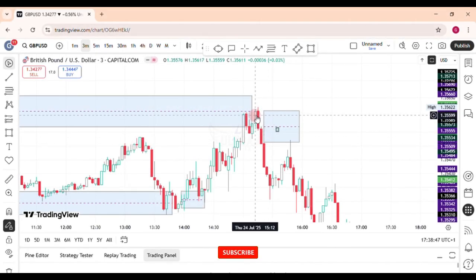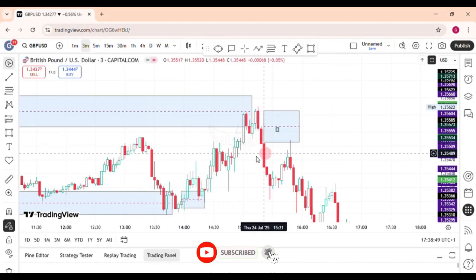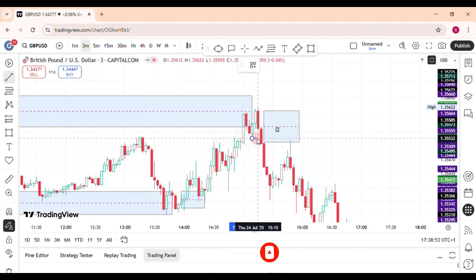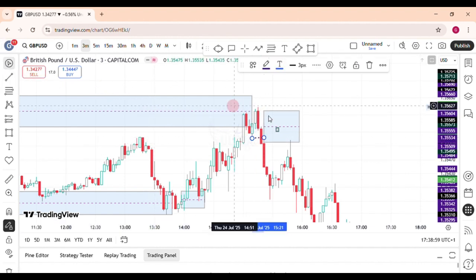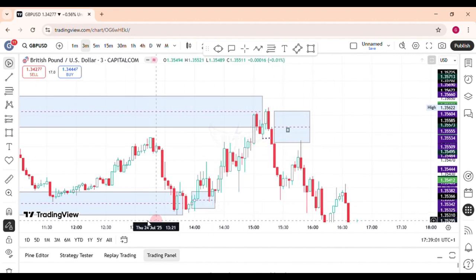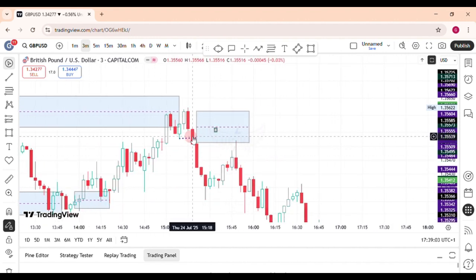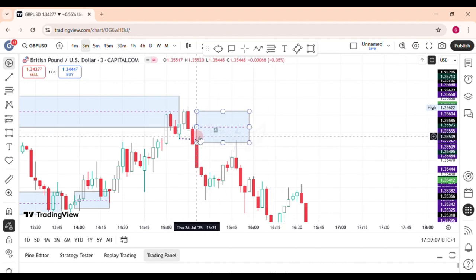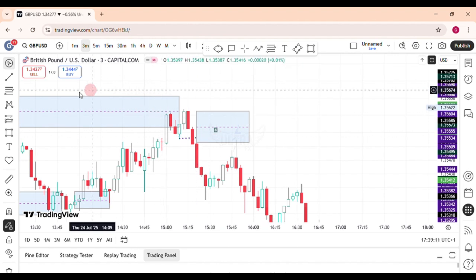As market tries to go down, it breaks this previous low right here, and comes back to respect this fair value gap prior to that break of market structure here. So this one right here is our reason for entry for our bearish trade, and this is our trade number 8, our first bearish trade for last week.